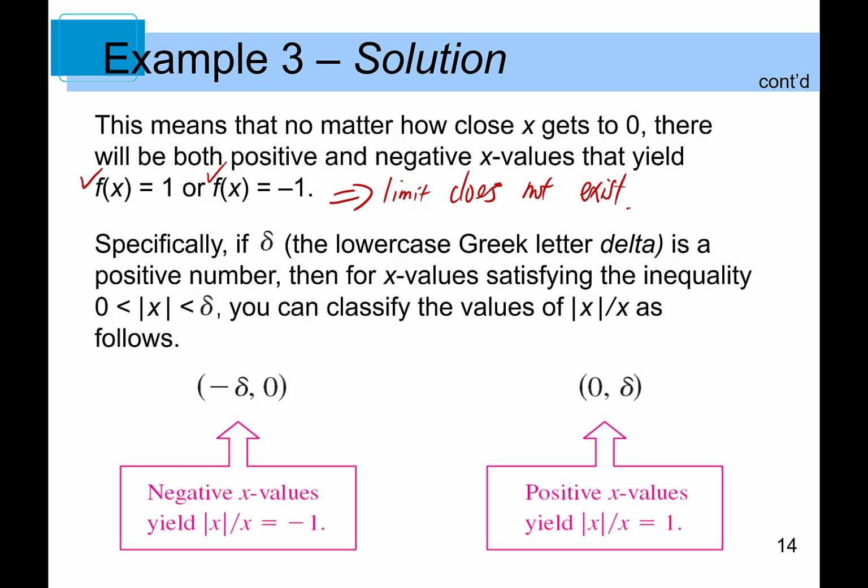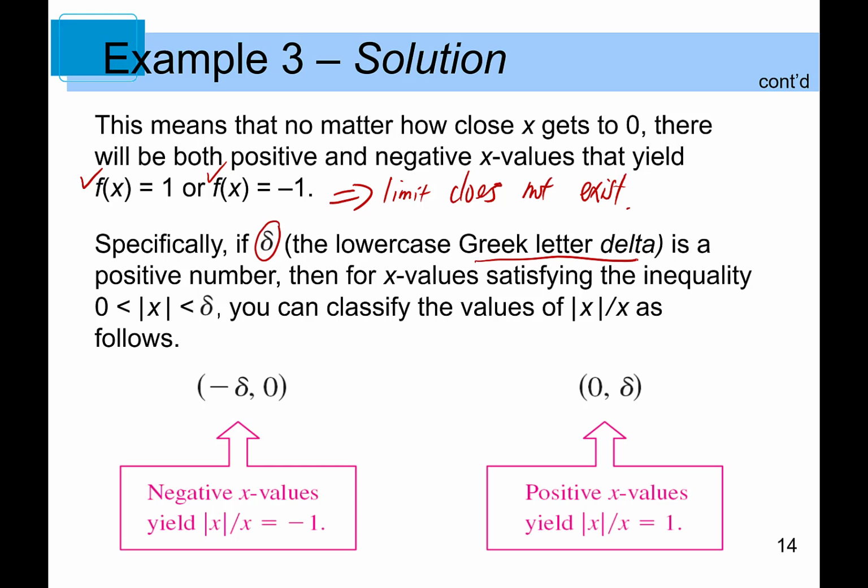Specifically, this is what they call delta. It's the Greek letter delta. Delta is a positive number. And for x values satisfying the inequality absolute value of x greater than 0 and less than delta, you can classify the value of absolute value of x over x as follows.